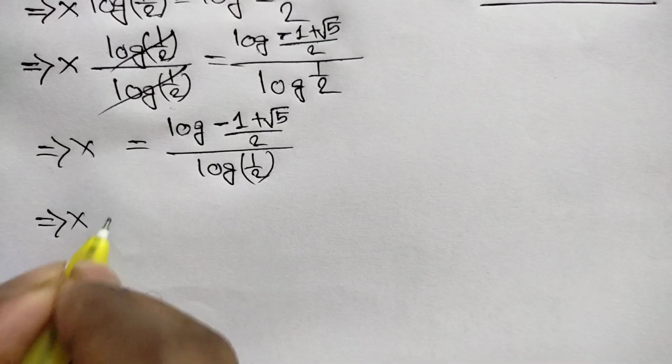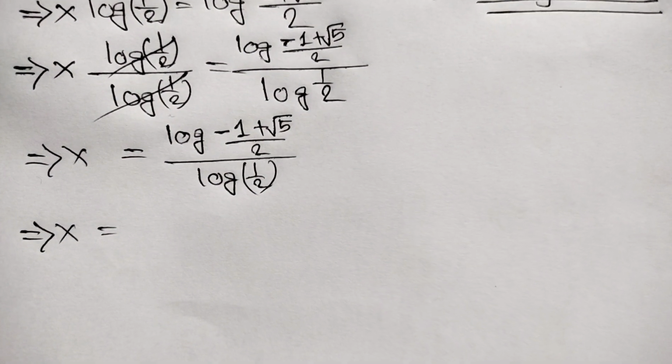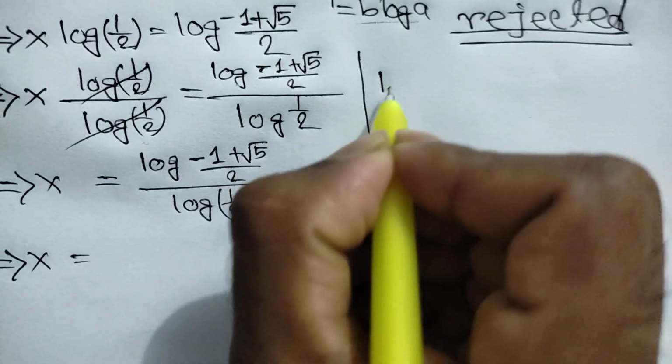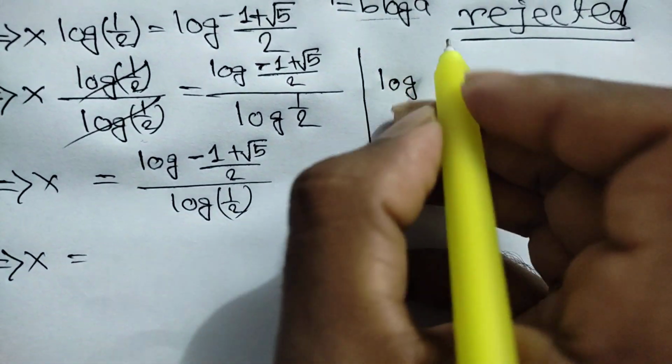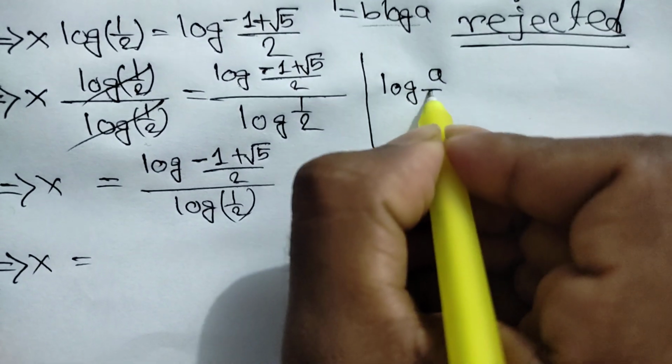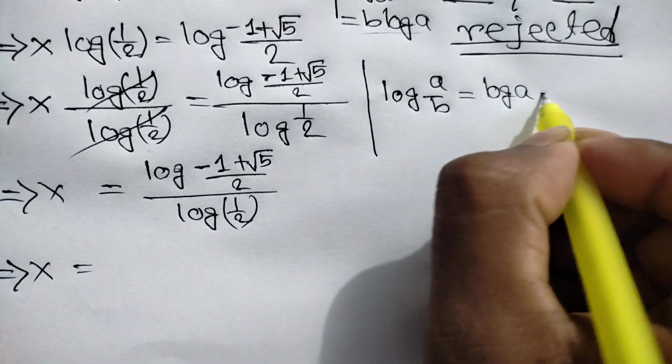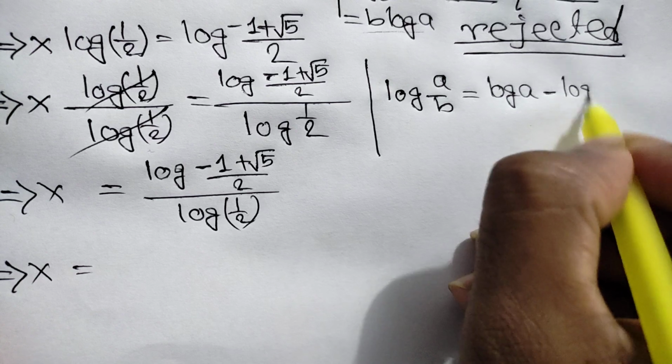Or x is equal to, here we can apply this rule: log a over b is equal to log a minus log b.